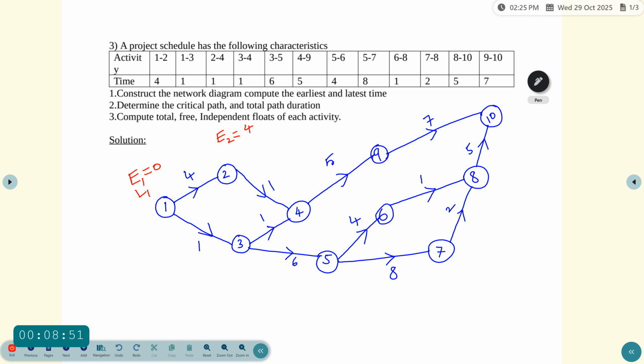Then go to the third event, which is E3. The third event belongs to event 1, whose value is 0. So 0 plus the duration 1 is equal to 1. And then E4, which is equal to 1.